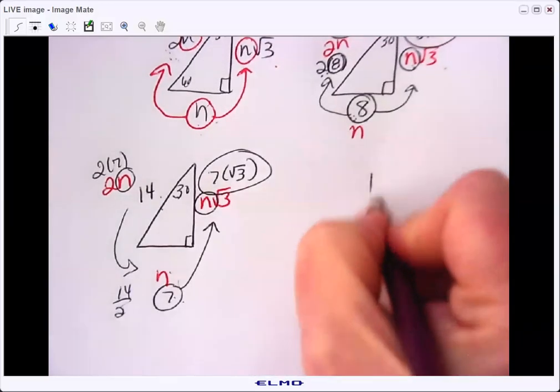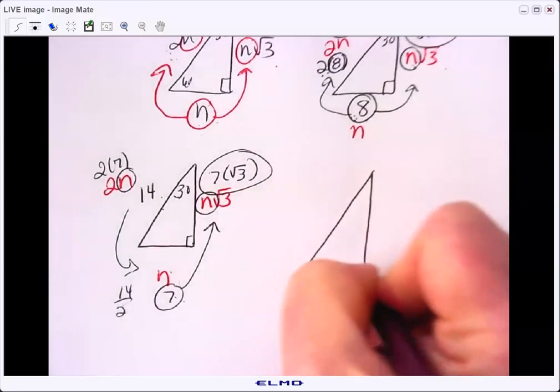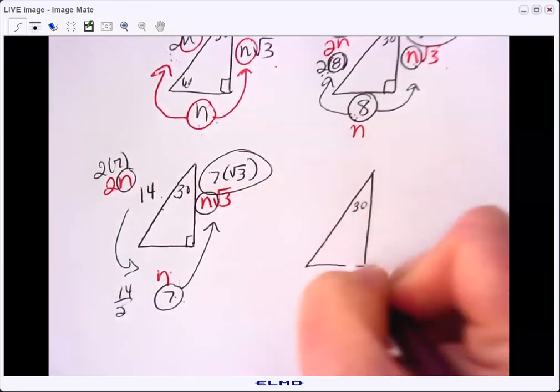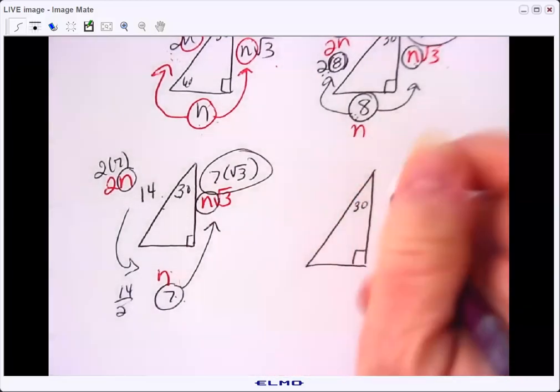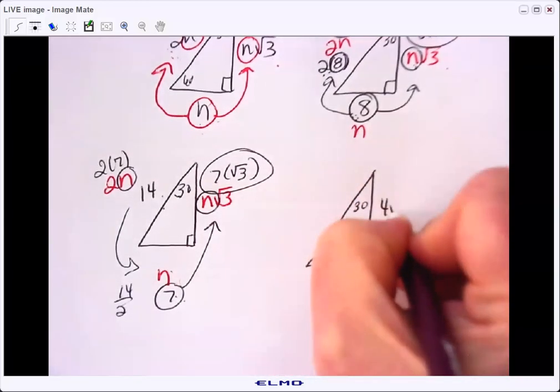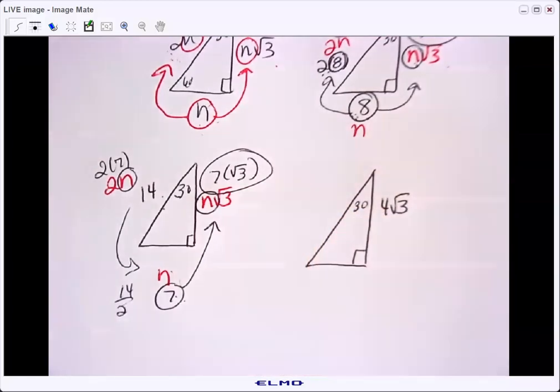And last, 30, 60, 90. These are the 3 most common. Okay, if I tell you that this is 4 root 3, now, yes, they do get a little more complicated, but I really need you to see that whatever n is, all we're going to do is plug it in. It could have a root next to it.